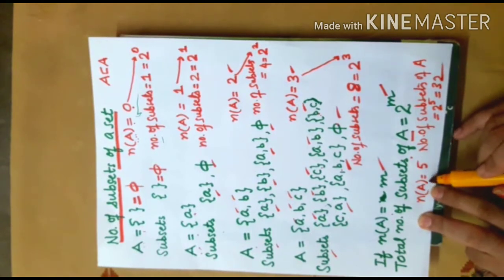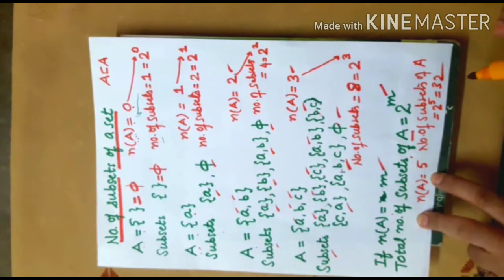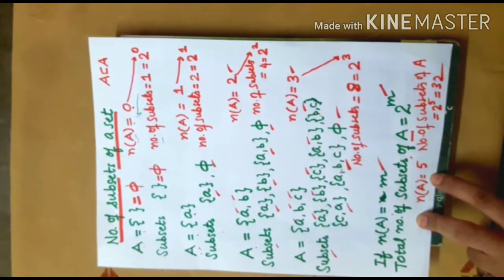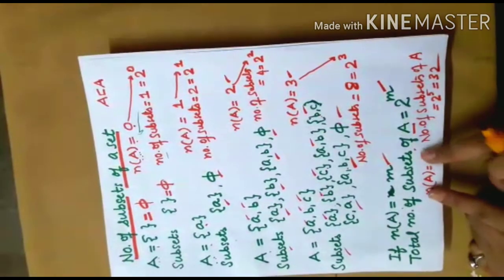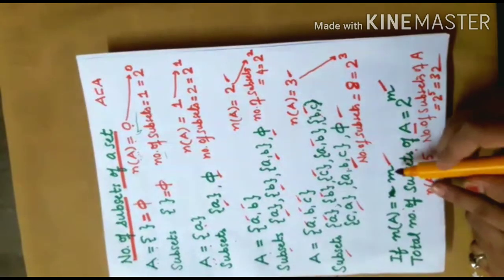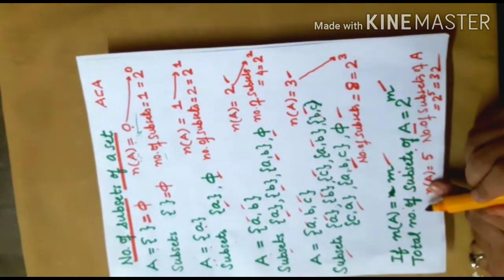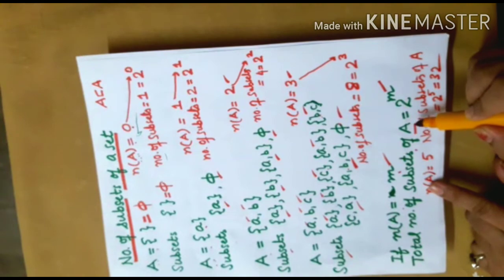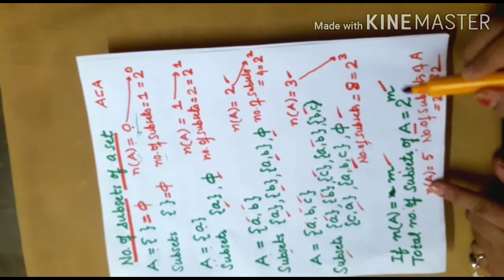So a set with 5 elements will have 32 subsets. So we have seen that if a set has m elements, then the total number of subsets of that set will be 2 raised to the power m.